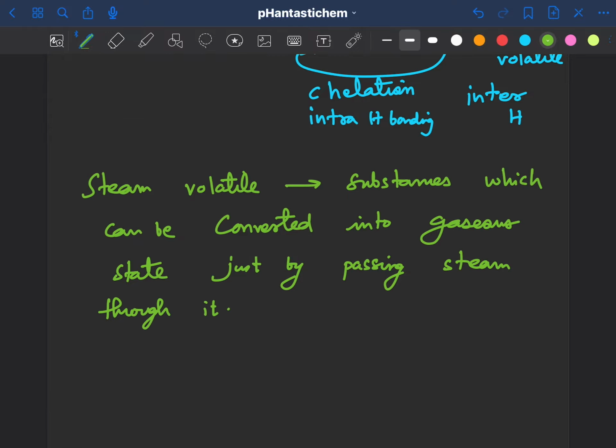And obviously their BP has to be lesser than water. Only then it will turn into a gaseous state just by passing steam through it. So those substances which show this are known as steam volatile.